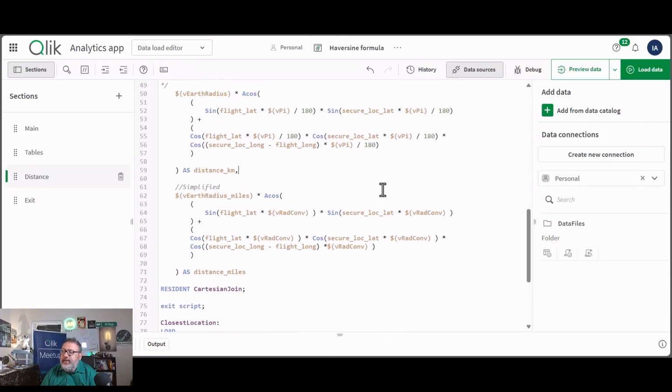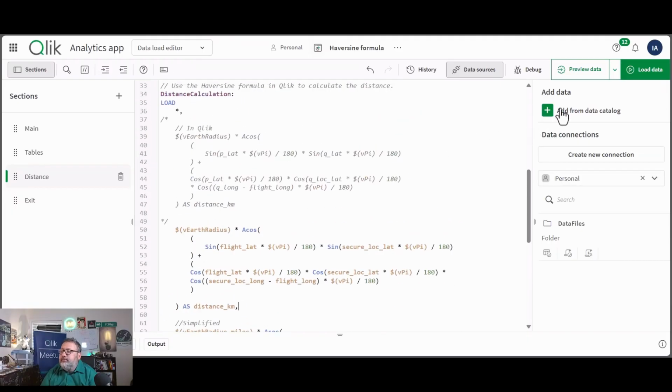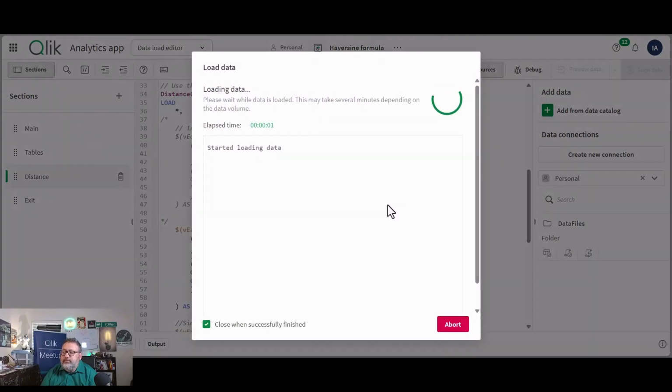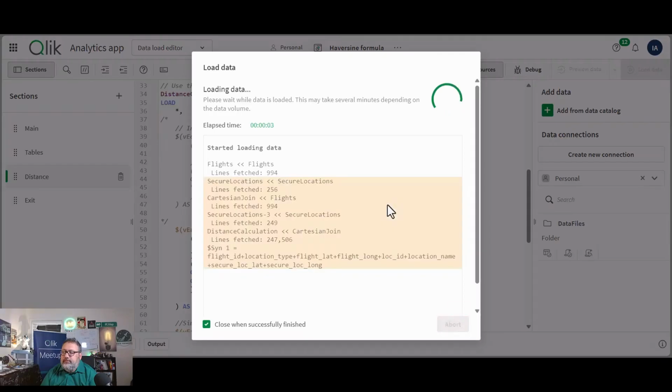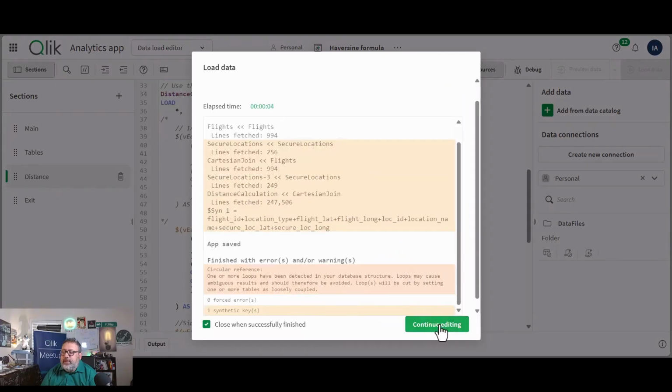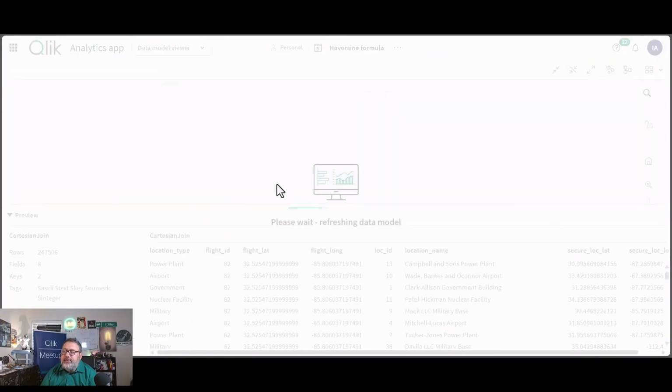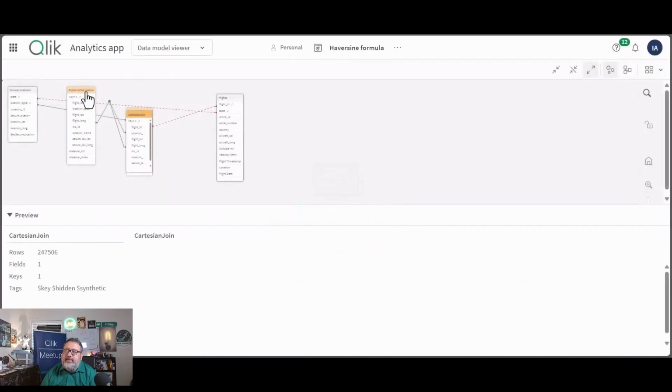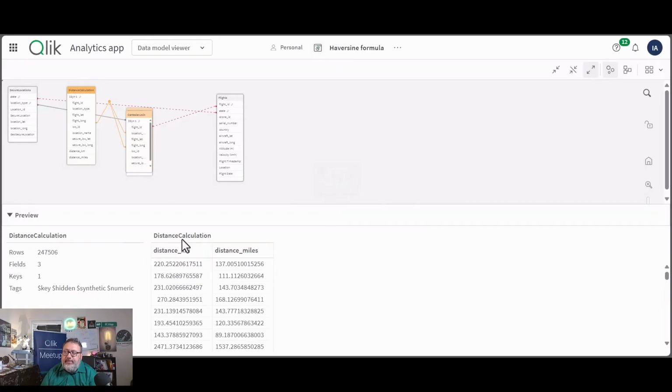So if I run this, again, don't mind that. It's a temporary solution. So of course I'll get a synthetic key, but again, it's temporary. But for every single flight and location, I get the distance between those 2 points. And I just calculated both in kilometers and miles. So you pick and choose.